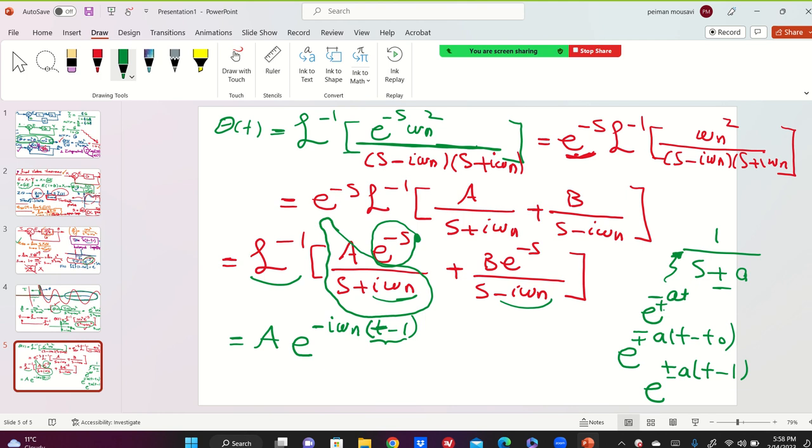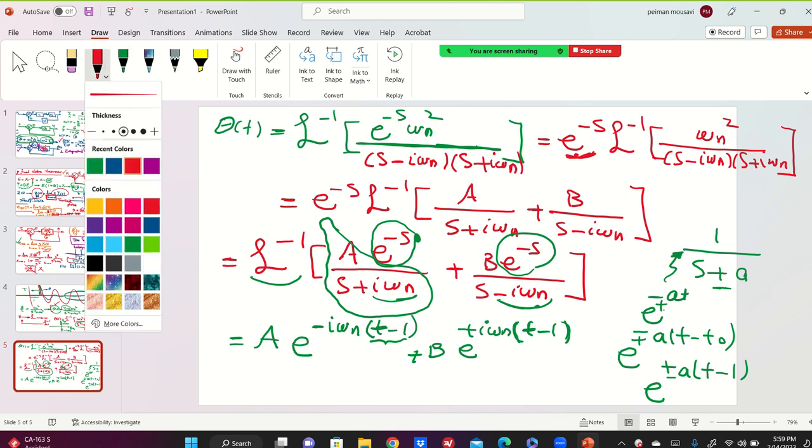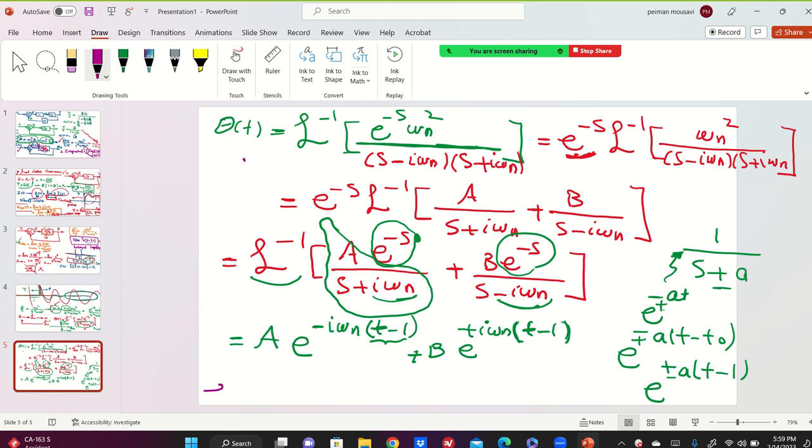Yes? Plus B; this minus gives you plus, e to the plus i omega n, again with the delay, t minus 1. But if you go back to class 1 or class 2, I respect the sequence of the course I'm teaching, I taught you about the Euler formula.